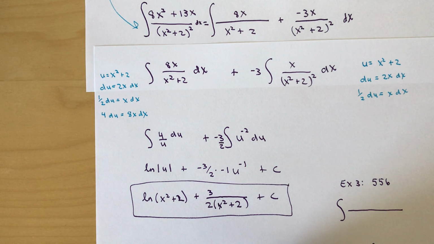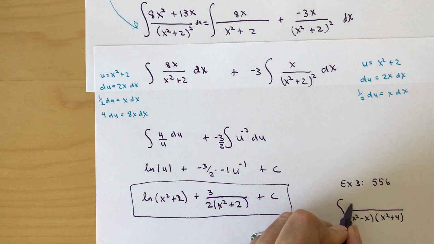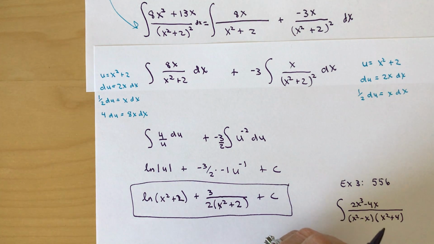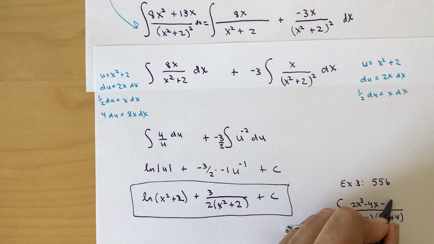it is x squared minus x and x squared plus 4 and 2x cubed minus 4x minus 8.